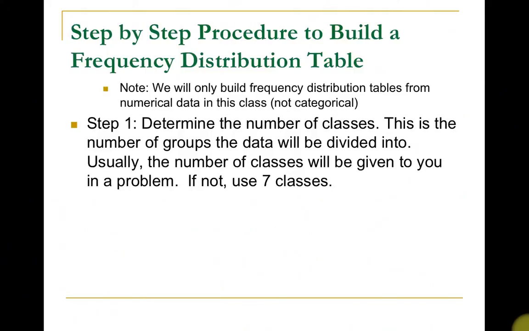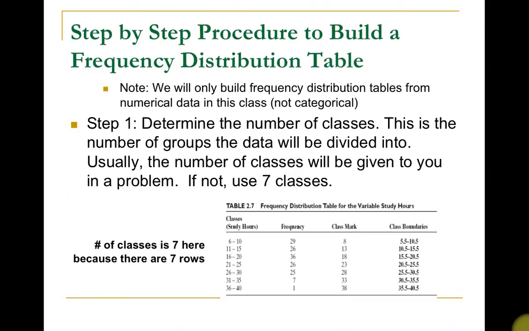And if nothing is specified, use 7 as your default class number. Because we have 7 rows in this frequency distribution table, the 7 rows translate to 7 different classes. So in another frequency distribution table, if there were 6 classes, then we would only have 6 rows.